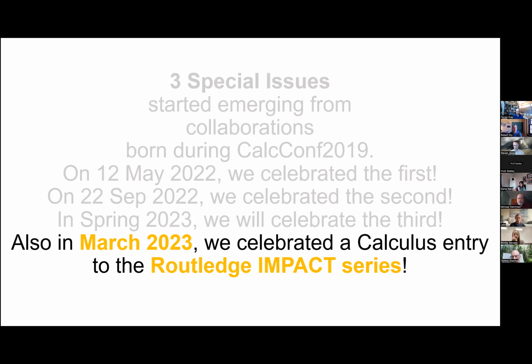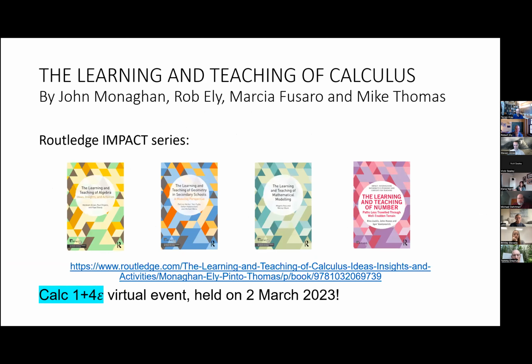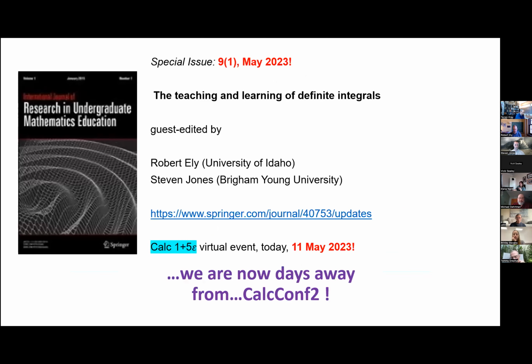In the meantime, John Monaghan and other colleagues have been involved with the production of The Learning and Teaching of Calculus with Rob, Pat, Marcia, and Mike, and we celebrated the publication of this book in the Routledge Impact series very recently in March 2023. A lot of events, so that was the 4+, and here we are now celebrating our 5th event.